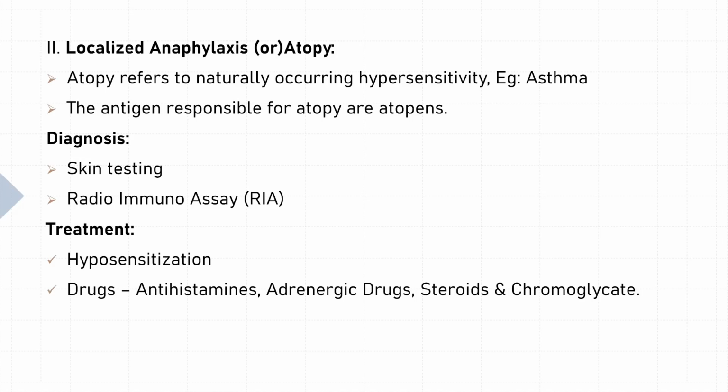The advantage of this RIA is that it is highly sensitive. Prevention and treatment of type 1 hypersensitivity: anaphylaxis can be prevented by avoiding contact with allergens, and by hyposensitization, which involves injecting the patient with increasing doses of the responsible allergen.